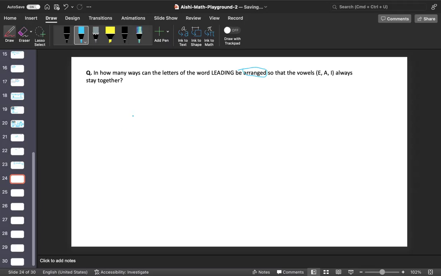Okay, so since E, A, and I will be a group, we have L, D, N, G. Each of these are their own groups. There's no rule about them being together or anything. But E, A, and I are one group together.